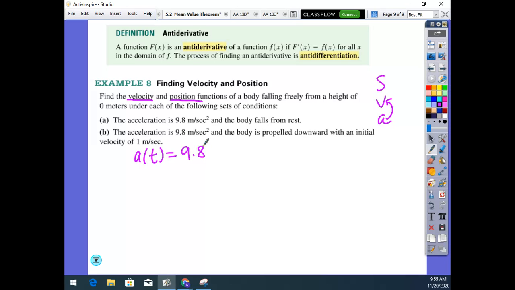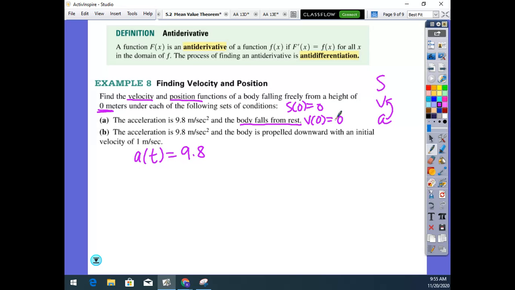It says a body falling freely from a height of 0 meters. That means the position of 0, S of 0 equals 0. If the body falls from rest, that means that our velocity starts at 0 as well.